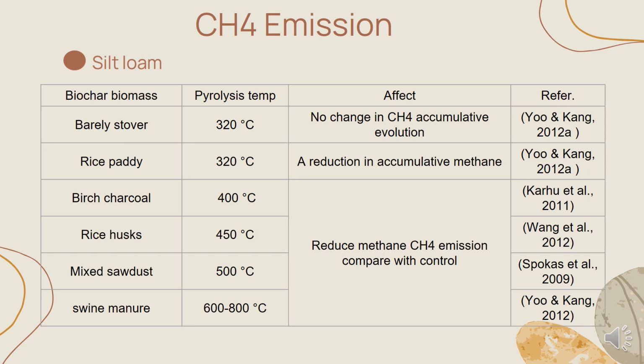But as the temperature of pyrolysis increases, there is a significant reduction in the methane emission, as the tables in the slide present. And we can see that we have several studies that used different biochar biomass.